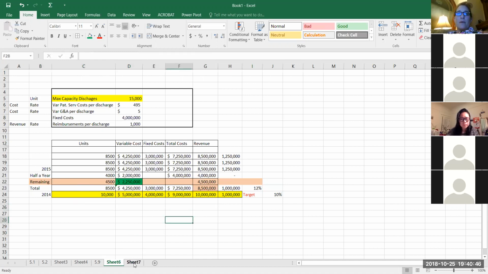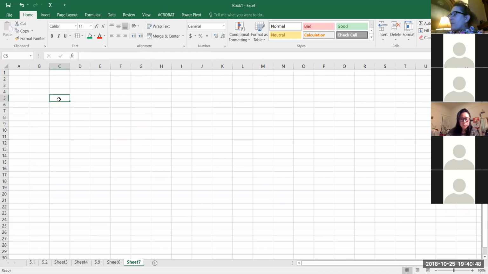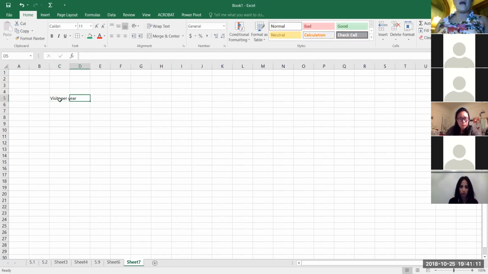Let's go to one more problem here. 5.8, all right? So this is Triage Pediatrics, currently providing 1,000 visits per year at a price of 50, okay? So we're going to do the same kind of chart up here, right? So we've got visits per year, and that's 1,000, right?